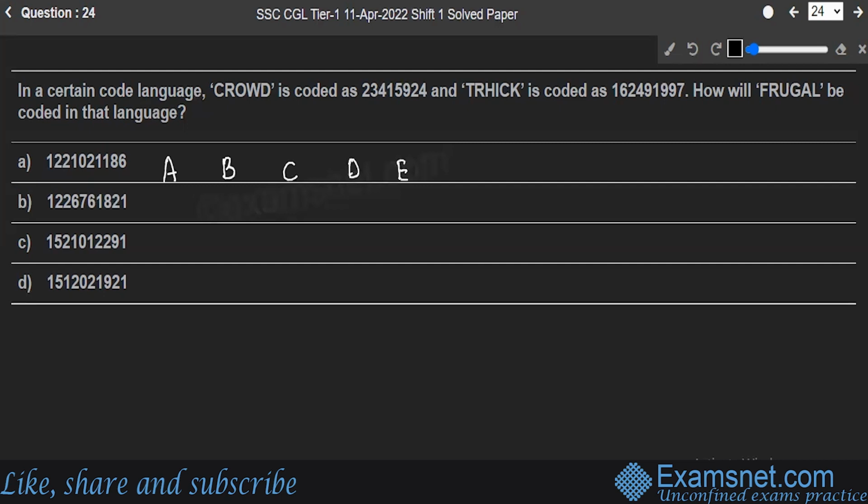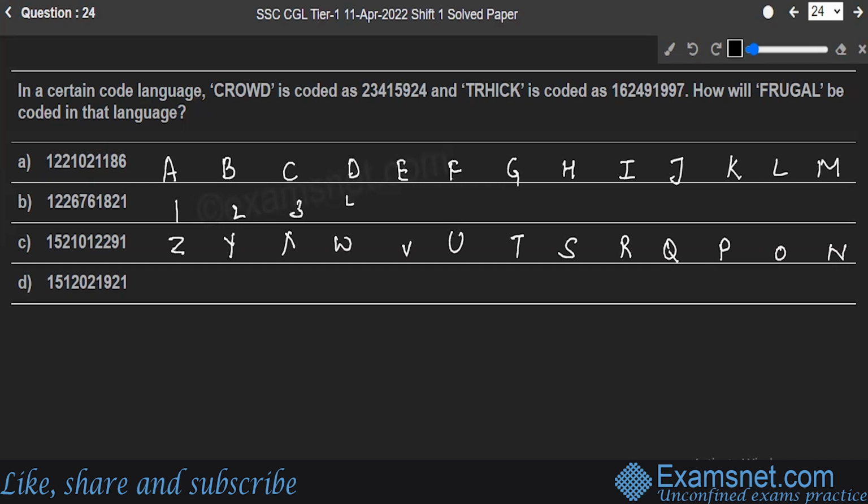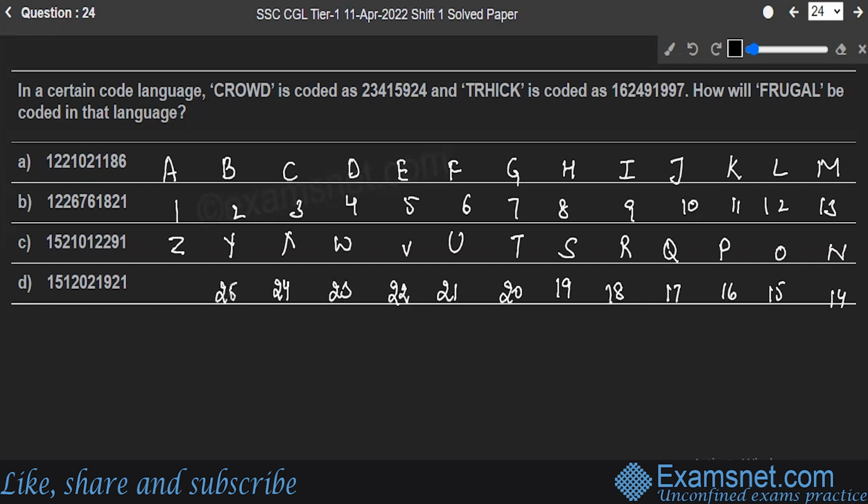A, B, C, D, E, F, G, H, I, J, K, L, M, N, O, P, Q, R, S, T, U, V, W, X, Y, and Z. 1, 2, 3, 4, 5, 6, 7, 8, 9, 10, 11, 12, 13, 14, 15, 16, 17, 18, 19, 20, 21, 22, 23, 24, 25, 26.